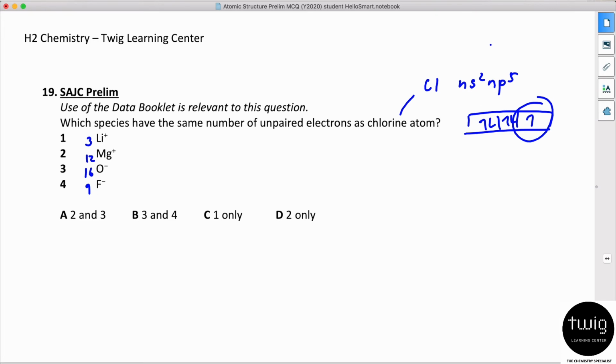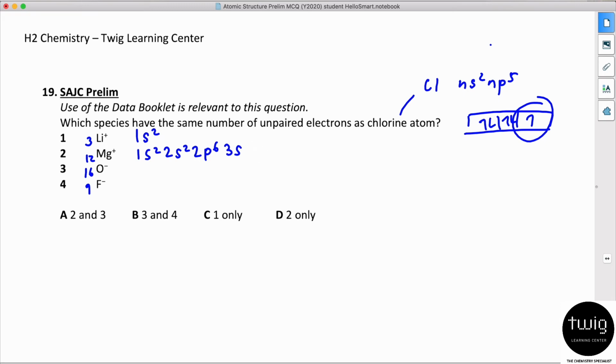So which one of them has 1 unpaired electron? Lithium plus is 1s2, 2s1, but because it has lost an electron, it's just 1s2. Magnesium is 1s2, 2s2, 2p6, 3s2, but since there's a plus, it becomes 3s1.